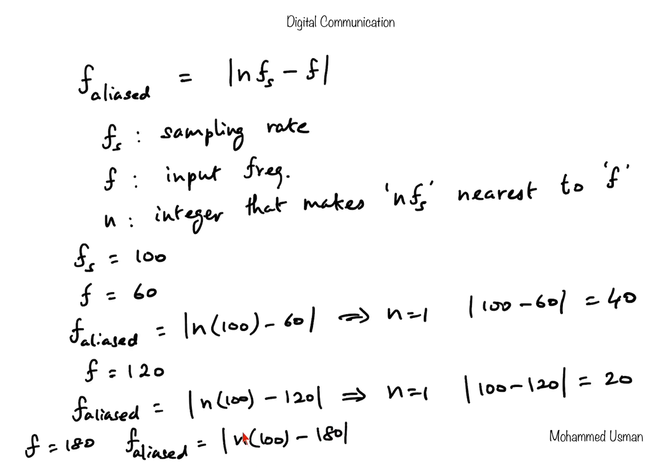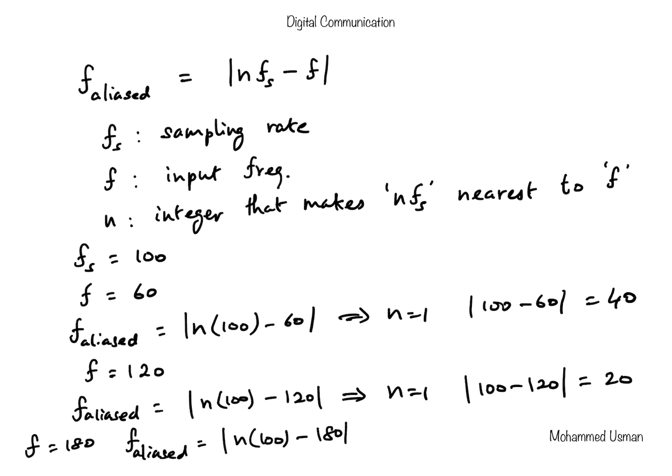If we choose n equal to 1, 1 into 100 is 100, minus 180, the difference is 80. If we choose n equal to 2, 2 into 100 is 200, minus 180, the difference would be 20. If we choose 3, 300 minus 180 is 120.